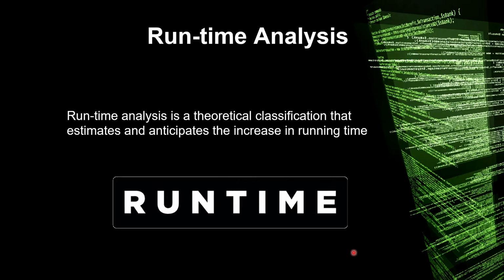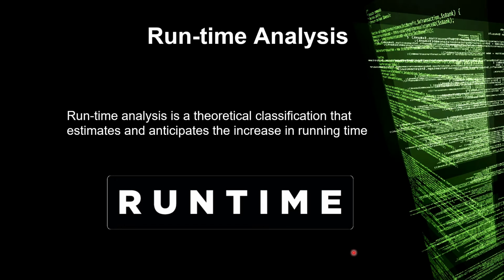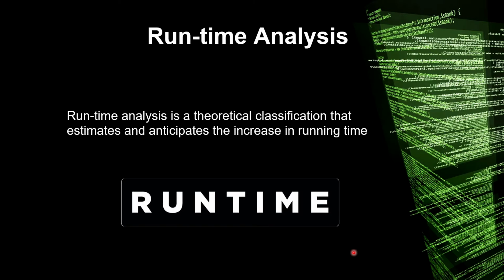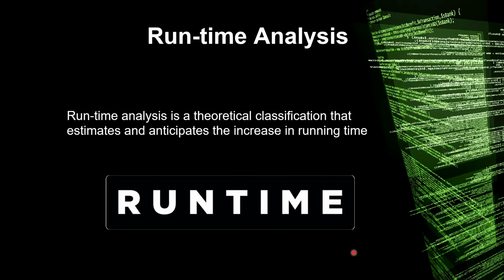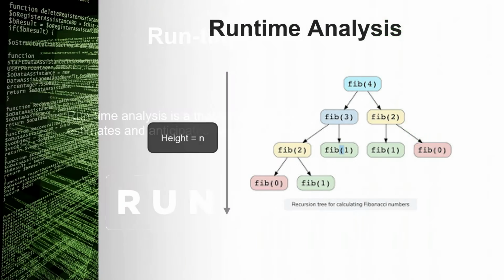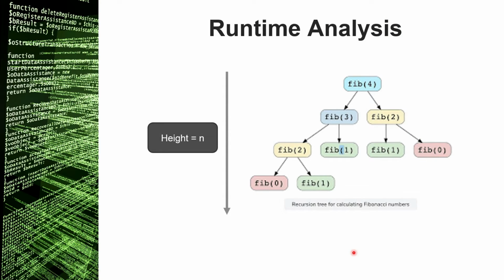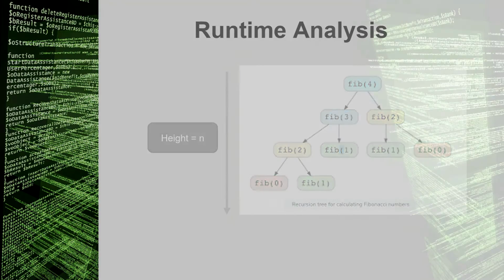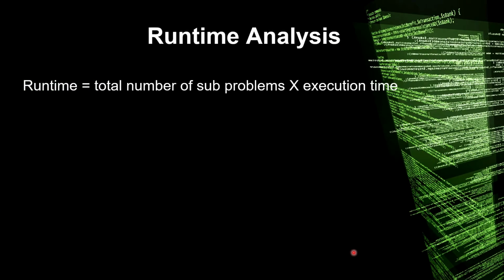It is a theoretical classification or analysis which estimates and anticipates the increment of running time with per work done in the program. As you can see from the slide, the height of our problem is n, and as we understood from the definition, the runtime consists of the total number of sub-problems and their execution time.